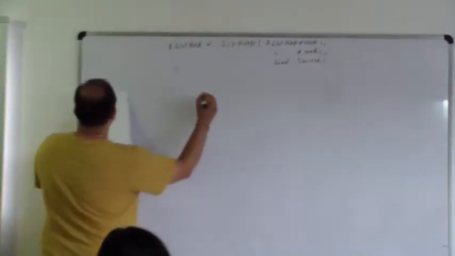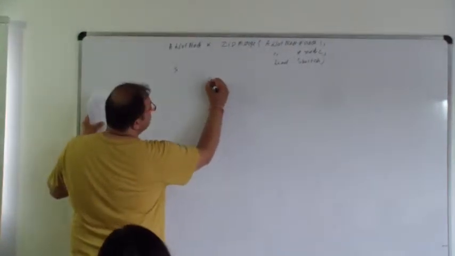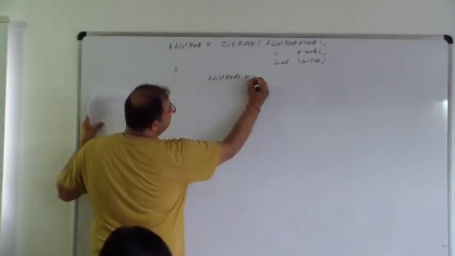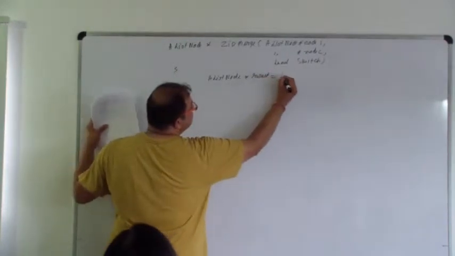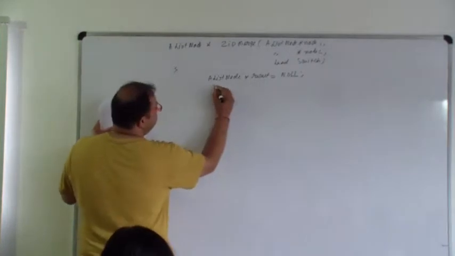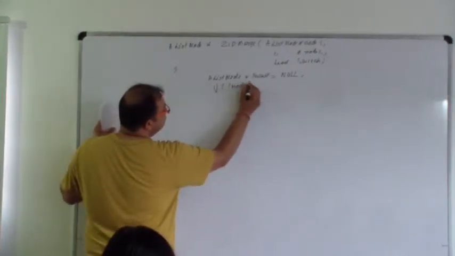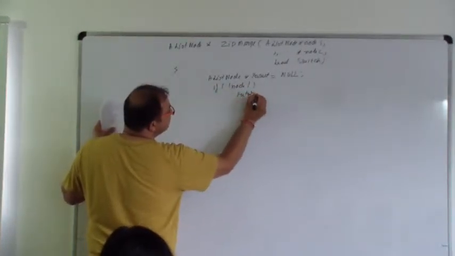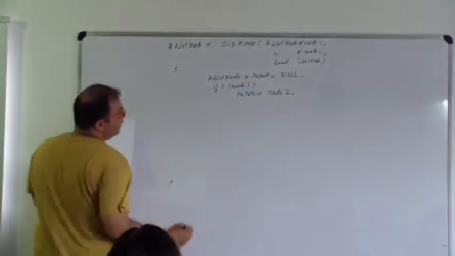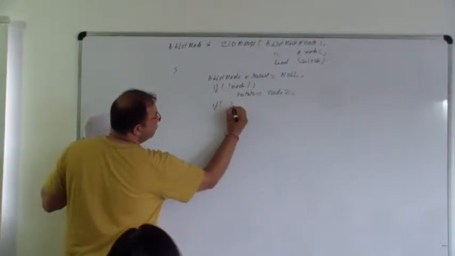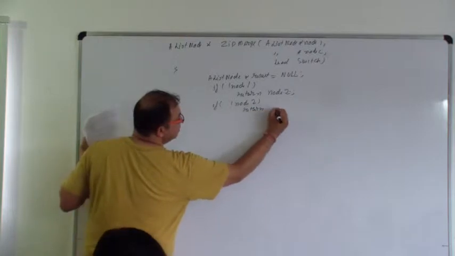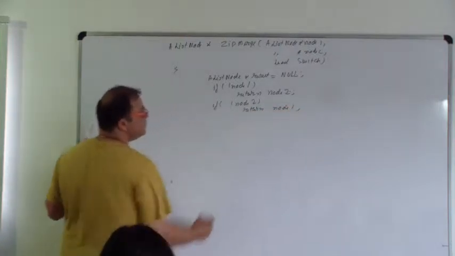Now what we do is we will check ListNode star result is equal to null. If not node1, return, you guys can tell me what I have to write. If not node2, return node1.